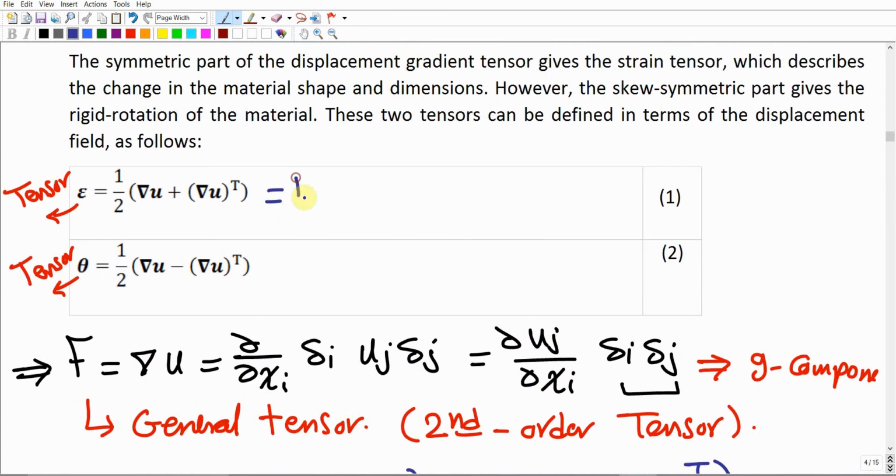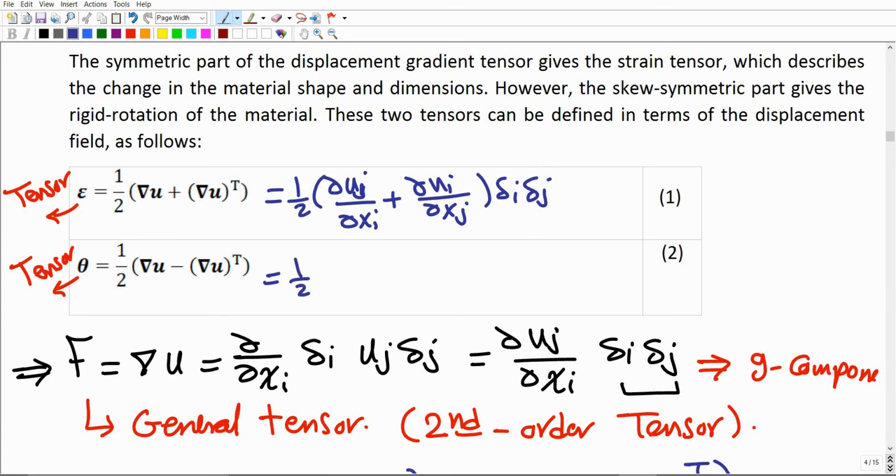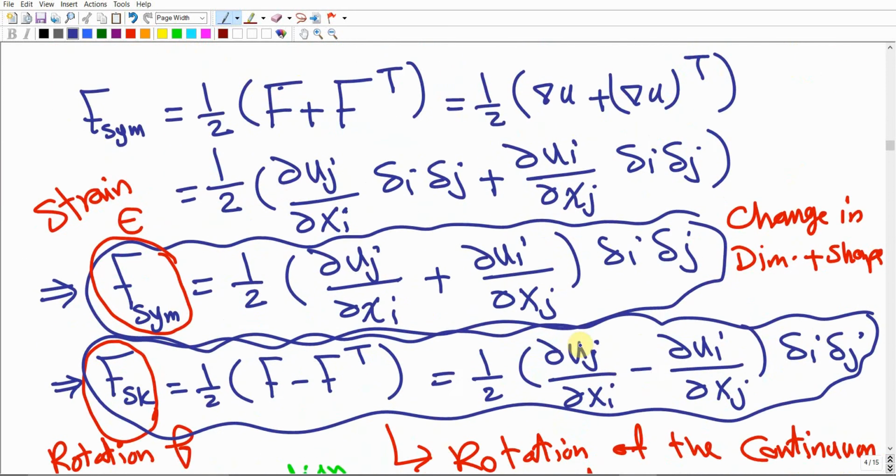So we can write this as 1/2 the partial uj by partial xi plus the partial ui by partial xj, delta i, delta j. Also, this can be represented as 1/2 the partial uj by partial xi negative the partial ui by partial xj, delta i, delta j, right?